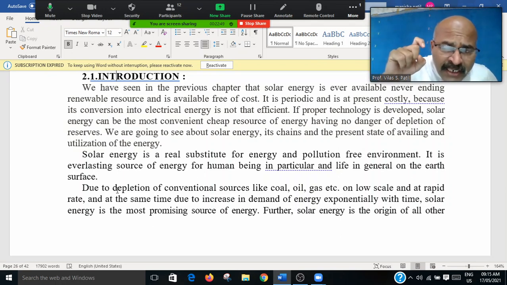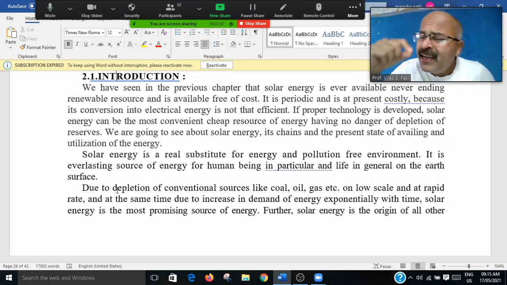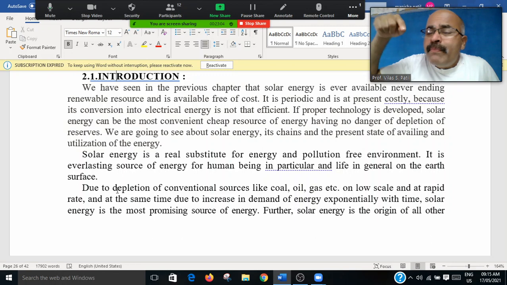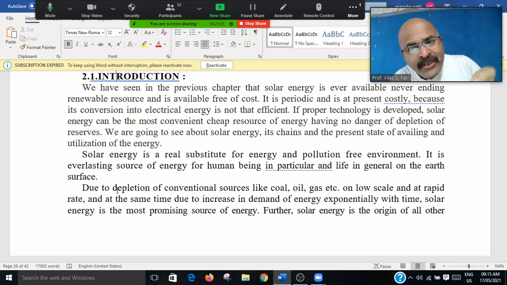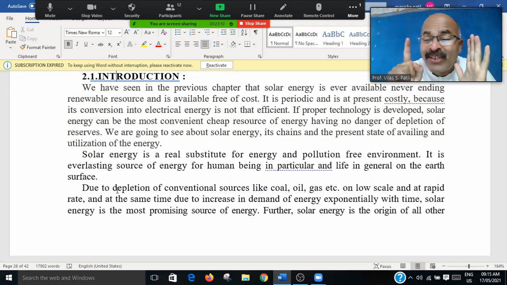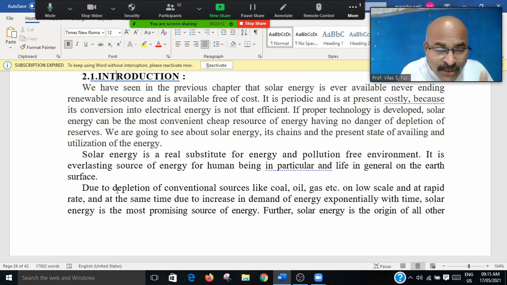The present fabrication technology and the interface we are going to use to convert solar energy into electrical energy, is it costly? It is expensive. So at present, the conversion of solar energy into electrical energy is costly, because the conversion is not efficient, and proper technology has to be developed.